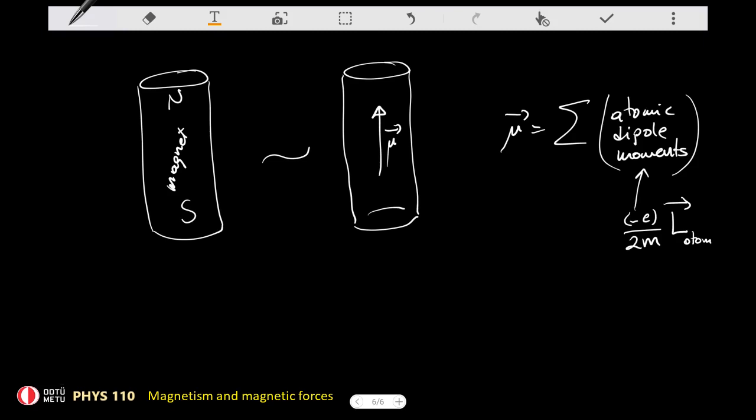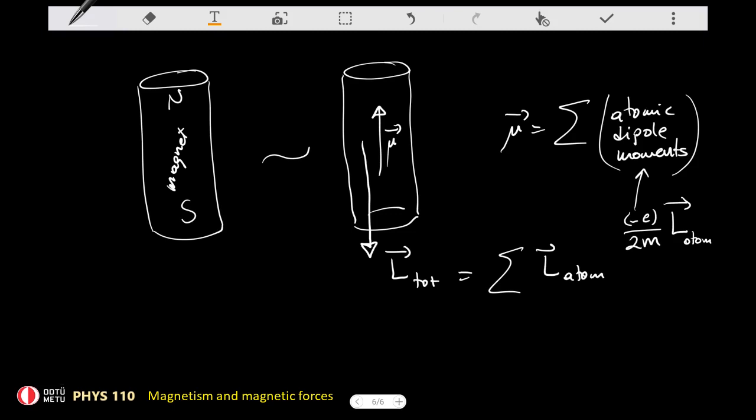Therefore, this magnet is associated with a total angular momentum, which is just a sum over the angular momenta of each atom. So when you take a magnet in your hand, this magnet has a dipole moment, and therefore it actually has an angular momentum. You don't notice this because you don't see any rotation, but it indeed has an angular momentum. But this angular momentum is hidden. You don't notice its effects, but it is there.